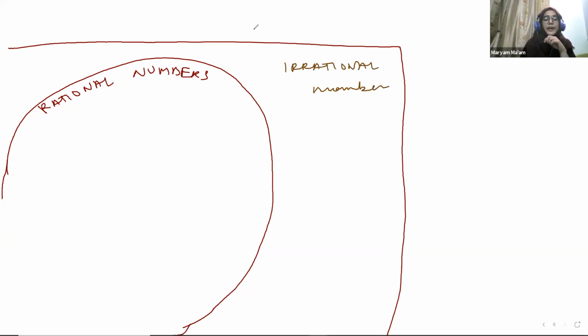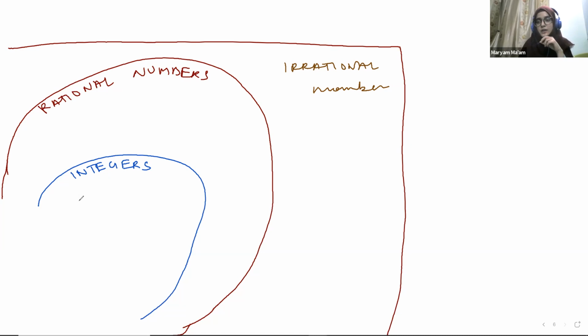All right. So in rational numbers also, we know that there are different types of numbers. Just like you guys said in the very beginning, there are different classifications of numbers. Like we have integers, right? Then there are going to be some numbers which are rational numbers, but they are not integers. Can you give me an example of a rational number which is not an integer, Mridula?